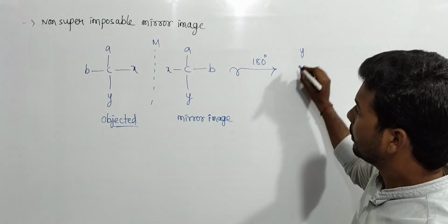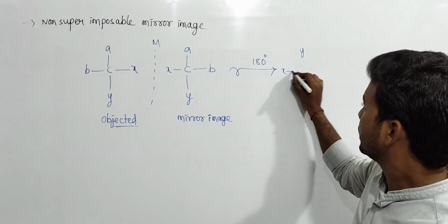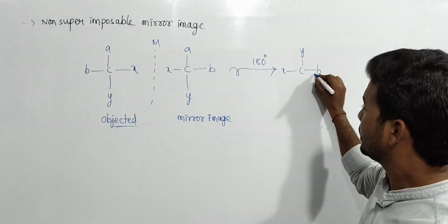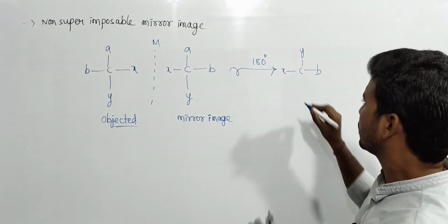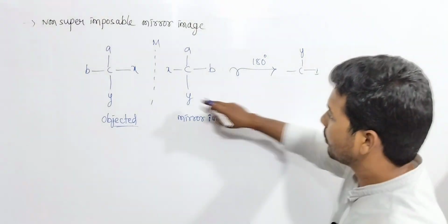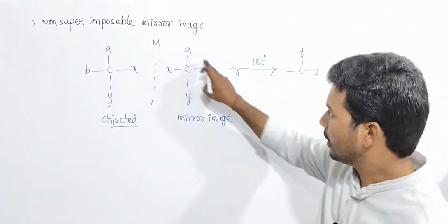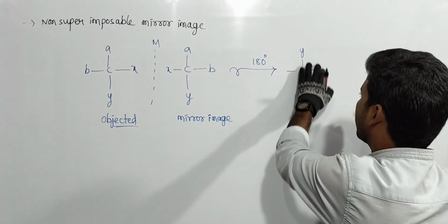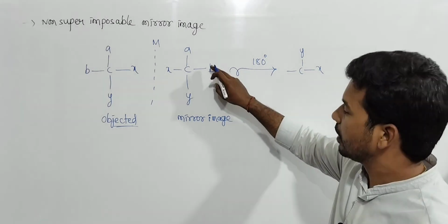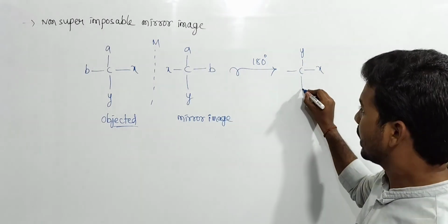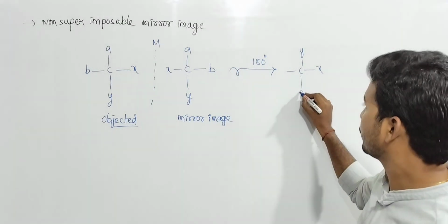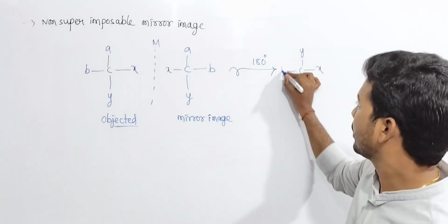Y comes up, this is X, B is the same, and A comes, by rotation, it comes here, X comes here. And A comes down, and B comes.